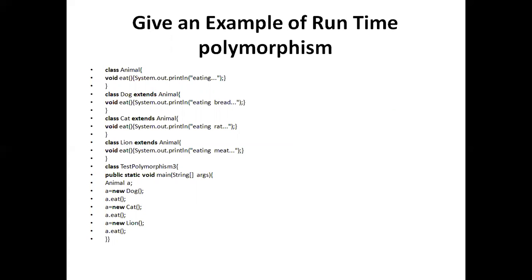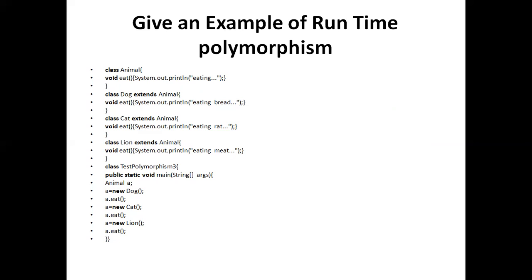You can see there are four classes defined over here. One is class Animal, and in that they have defined one function eat, with system.out.println eating. Now there is one class Dog which extends Animal, and it would again use the same method. Then there is class Cat, which again extends the same Animal class. Class Lion also extends the same Animal class.